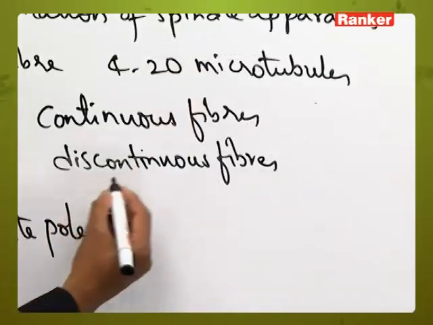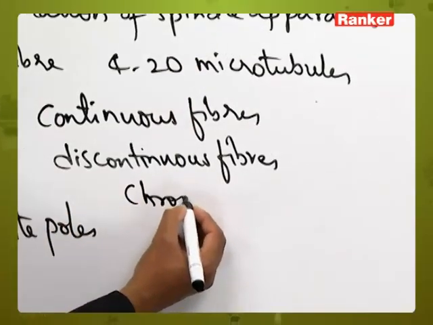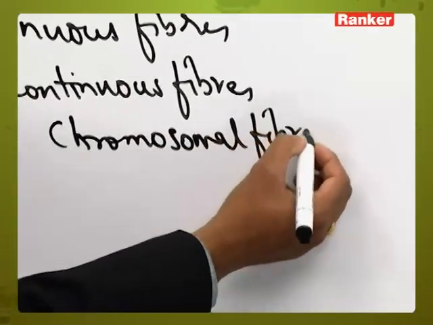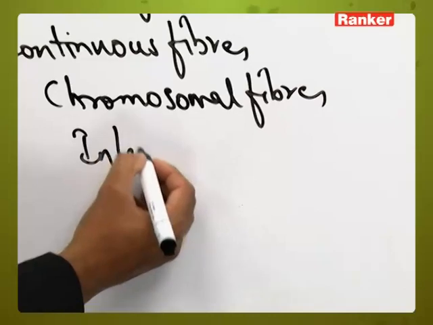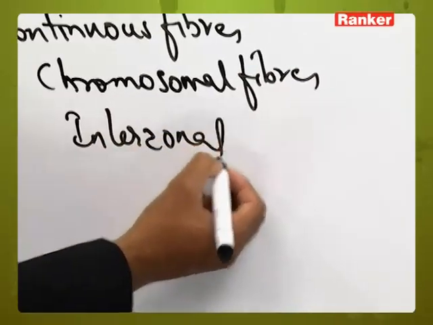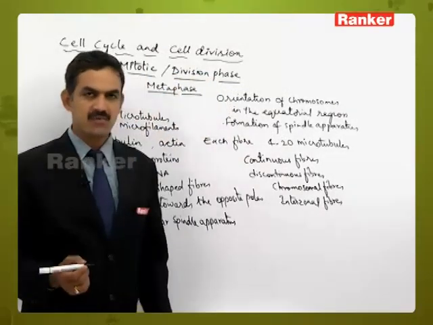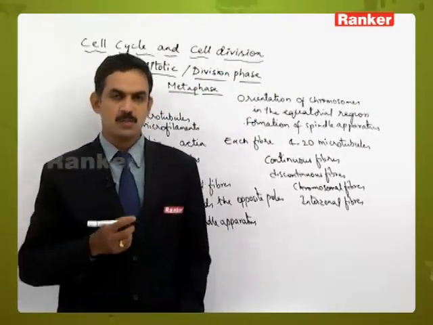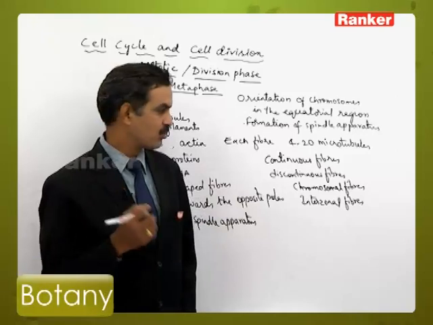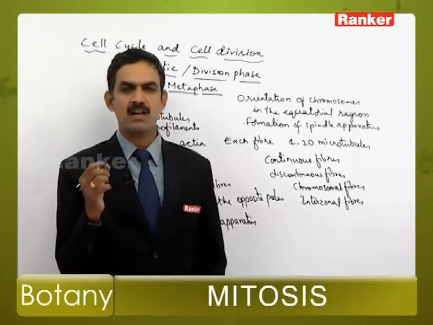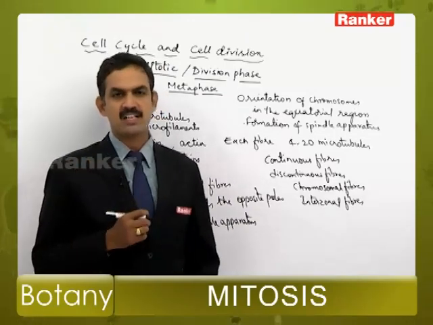These are in the form of chromosomal fibers and interzonal fibers. Chromosomal fibers are the fibers arising from the spindles, which come and attach to the kinetochore region, that is, the kinetochores present in the centromere.